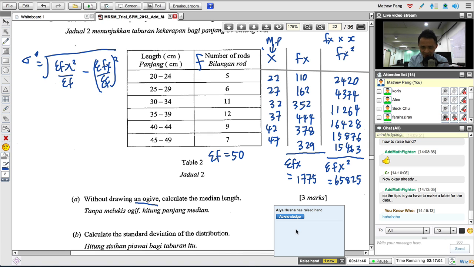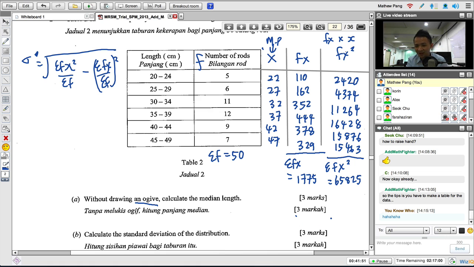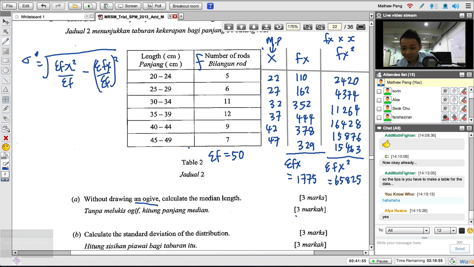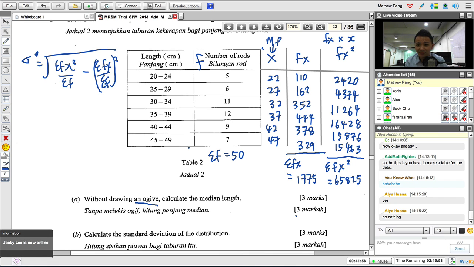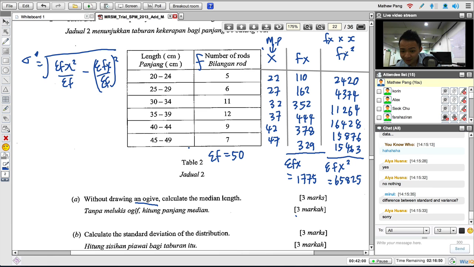Right. So I got Ayah Husna. Yeah, Husna? Ayah Husna, do you have any question you want to ask? Yes. What's your problem? Difference between standard deviation and variance. Oh yes, I know that standard deviation is the square root of the variance.